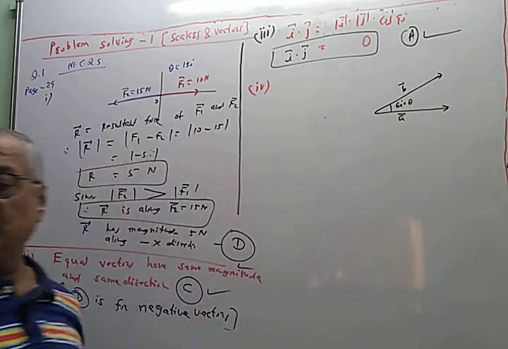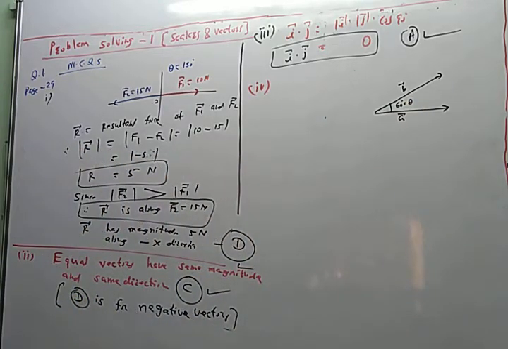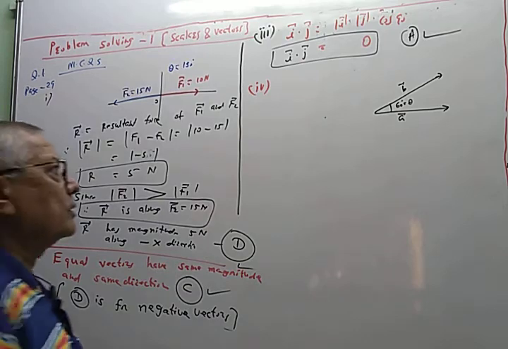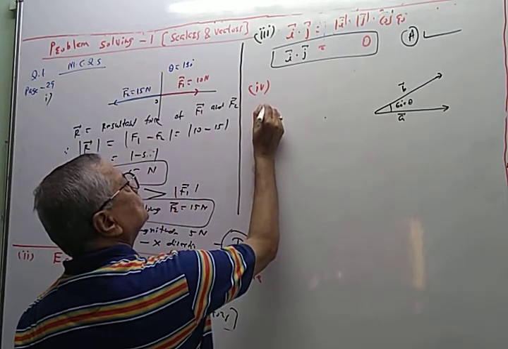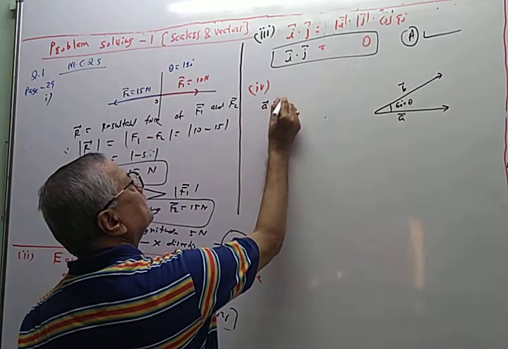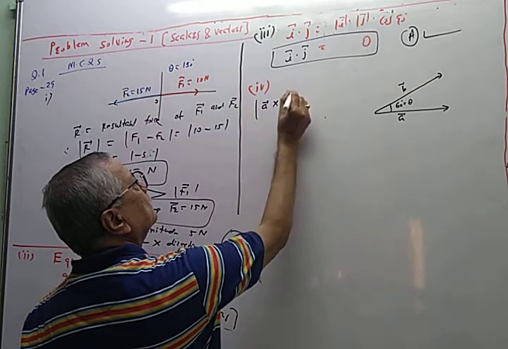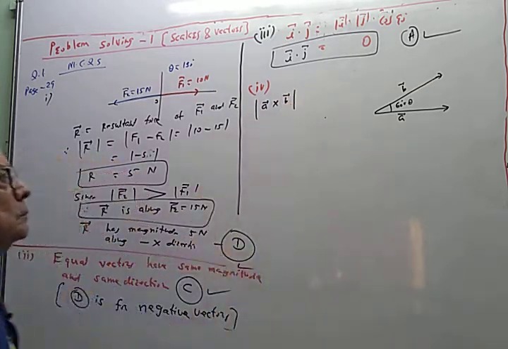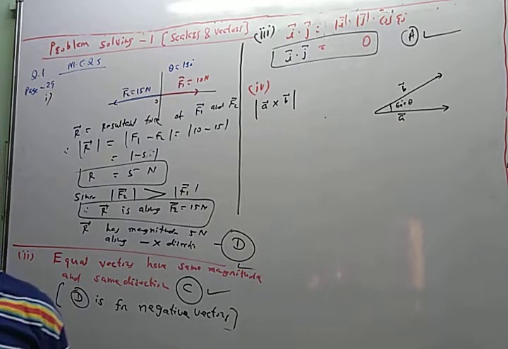So we have to find the magnitude of the vector product, A cross B. We have to find the magnitude. So that magnitude is given.